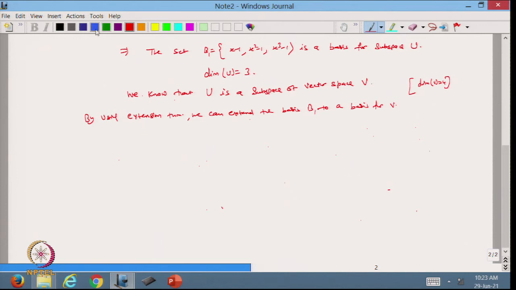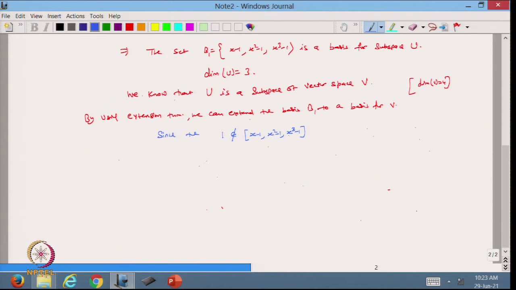Now, I can write that 1 does not belong to the spanning set of x minus 1, x square minus 1, x cube minus 1, because a constant multiple cannot cancel out the x cube, x square or x.